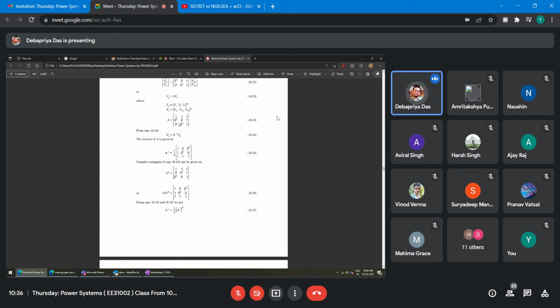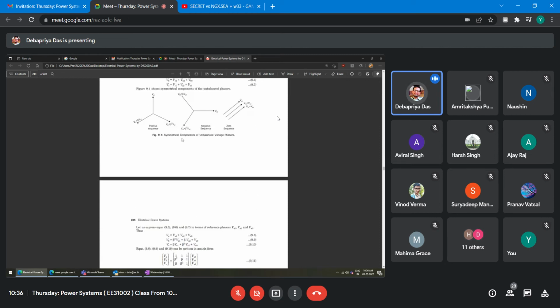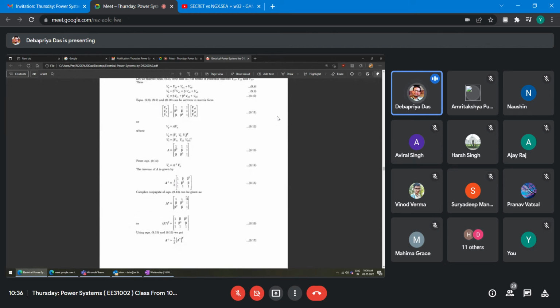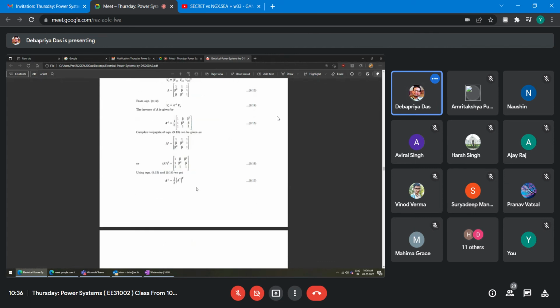So if you take the conjugate, that's why at the beginning the property is given: beta square conjugate is beta, beta cube is 1, and 1 plus beta plus beta square is equal to 0. So this is your A conjugate. Therefore, if you take A conjugate transpose, it will be 1 beta beta square, 1 beta square beta, 1 1 1. Therefore, from equations 15 and 16, A inverse is equal to 1/3 A conjugate transpose.